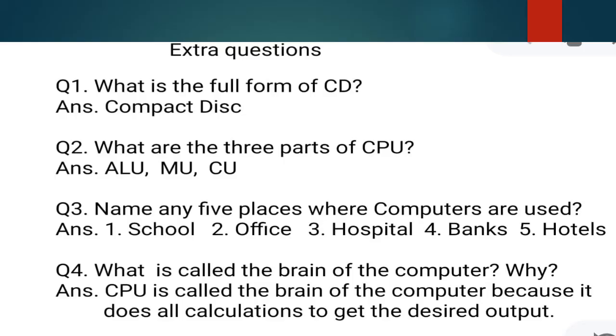And why is it called the brain of the computer? Because it does all calculations to get the desired output. All the work is done in the CPU only. That is why CPU is called the brain of the computer.